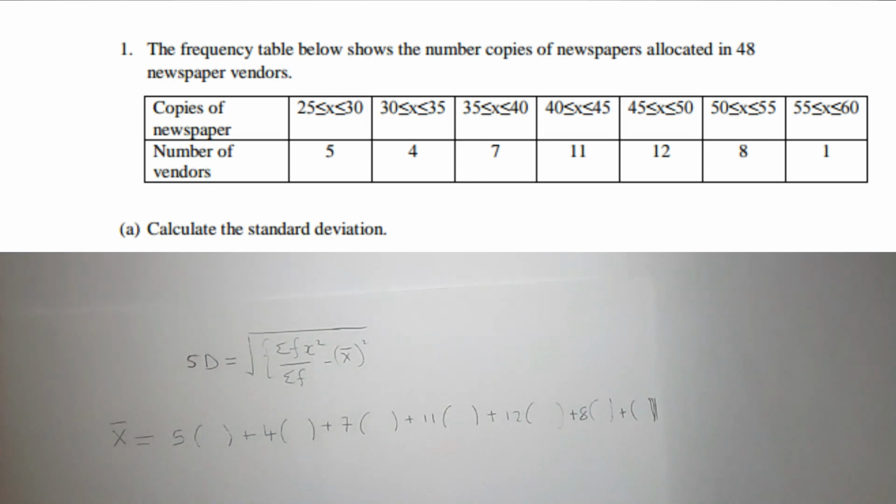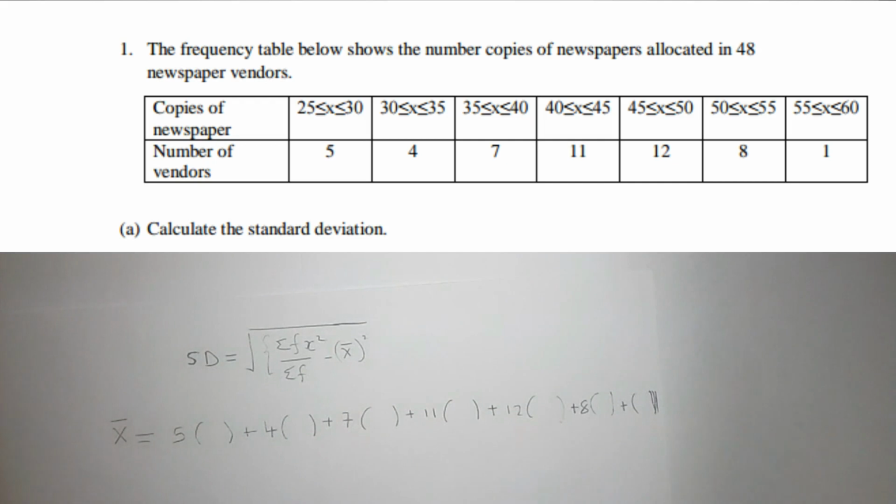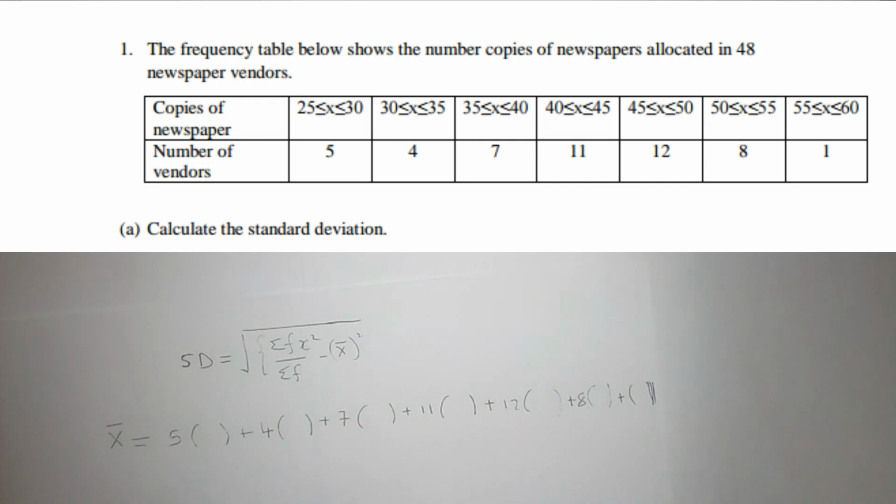So hopefully you're able to see the brackets I'm writing here. So what are we supposed to put in these brackets? In the brackets, we are supposed to put the midpoints. So you check the class interval where 5 is falling as a frequency.